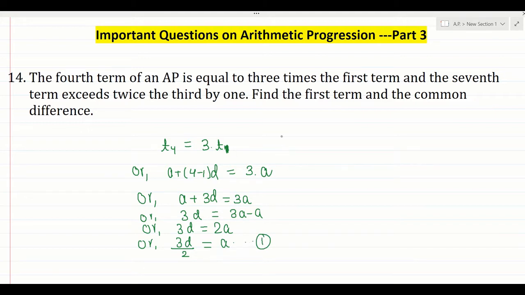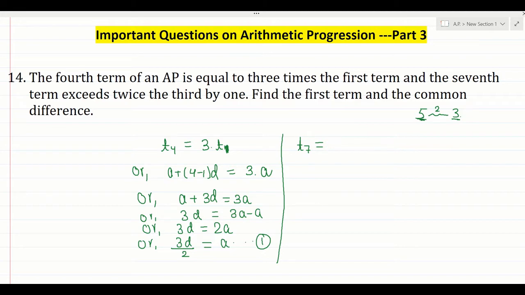Is this clear? Again, the question has said the seventh term, T7, exceeds twice the third by 1. Exceeds means greater. For example, we have 5 and 3. Which one is greater? 5 is greater. 5 is greater than 3 by how much? By 2. So we say 5 exceeds 3 by 2.